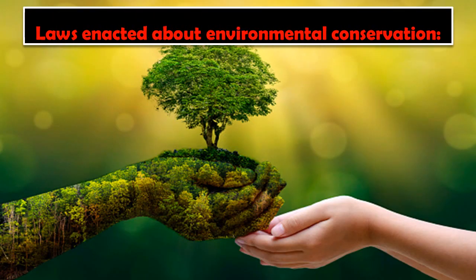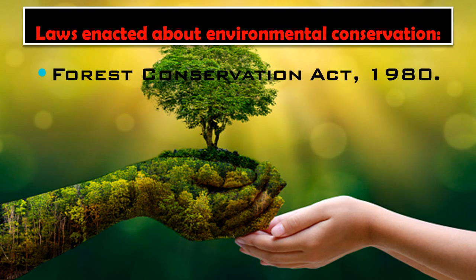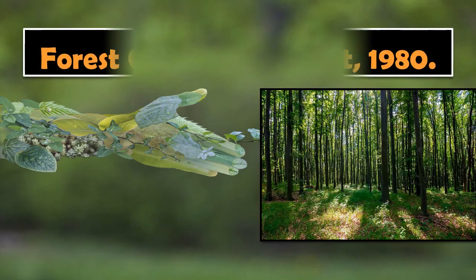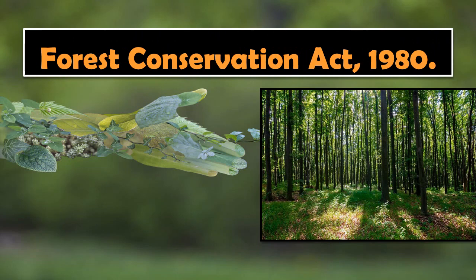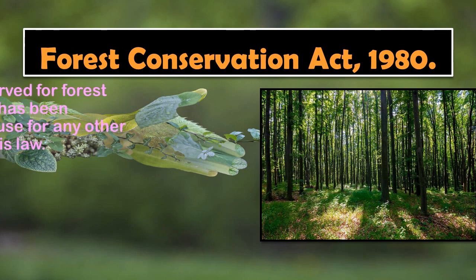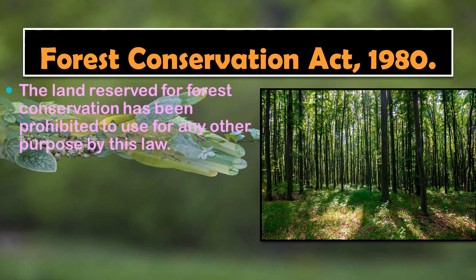Okay, now let us understand the laws enacted about environmental conservation. Students, there are two laws enacted about environmental conservation. First is the Forest Conservation Act in 1980, and second is the Environmental Conservation Act in 1986. Let's first understand the Forest Conservation Act, 1980. By this act, the land reserved for forest conservation is prohibited from being used for any other purpose.